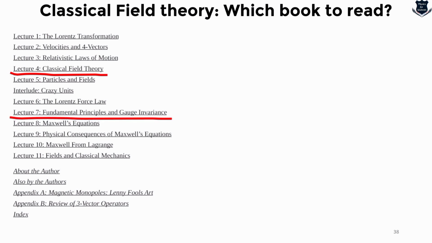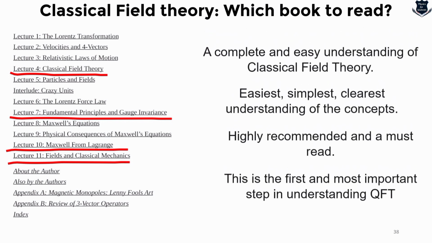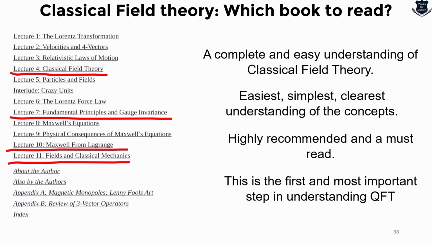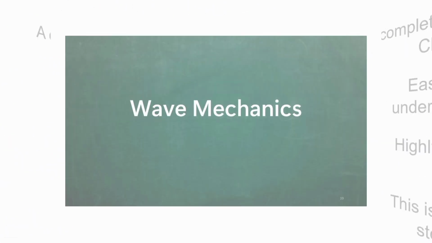Second, the fundamental principles and gauge invariance. And third and fourth, Maxwell from Lagrange, as Lagrangian and Hamiltonian is very important, and fields and classical mechanics. This is a complete, easy understanding, but remember 1, 2, 3, 4, which I have underlined. These four areas are where you need to concentrate more.